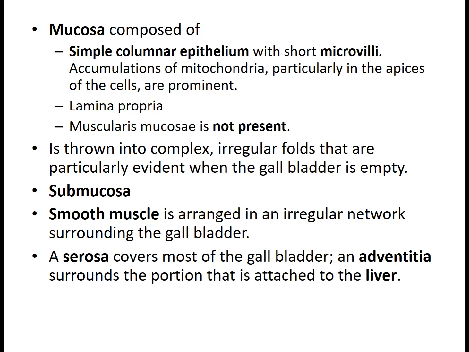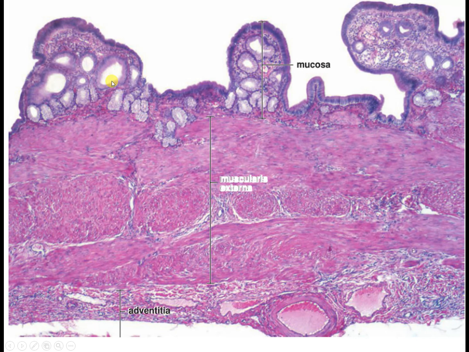You see, serosa covers the portion which is out of the liver, but the portion close to the liver, which is attached to the liver, is covered with adventitia. That's the histology of the gallbladder. Here we have glands, of course, a little bit of glands, and a very thick muscularis externa.